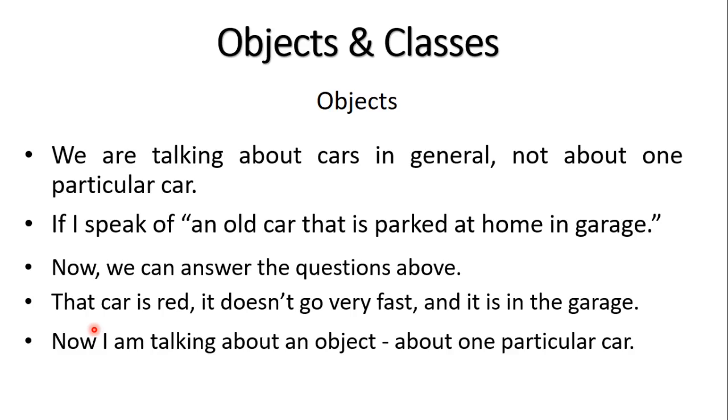But when I'm talking about the students of class 8, then I'm talking about a class. But when I'm talking about a particular student in class 8, I'm talking about an object. All right, so I hope this is clear.